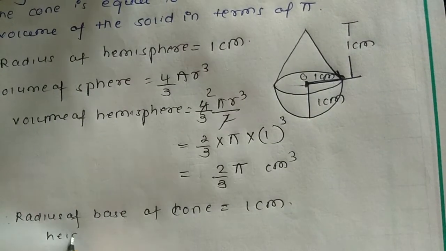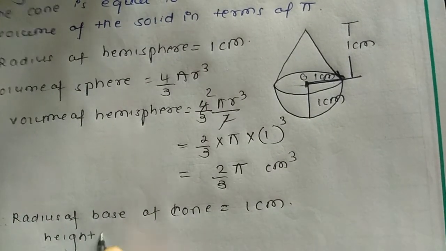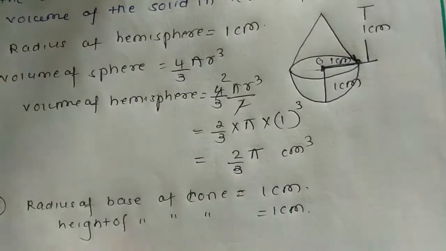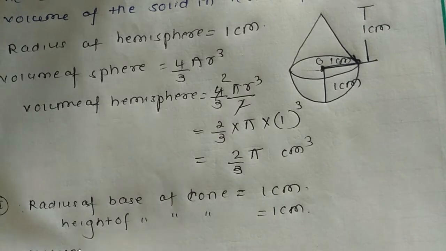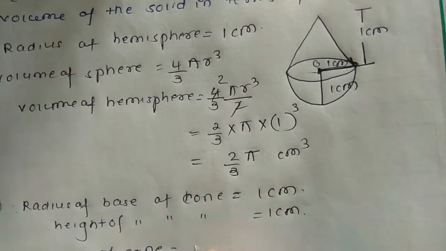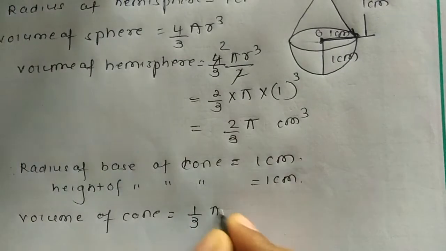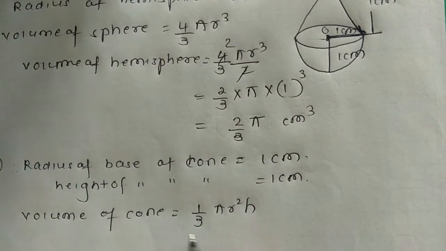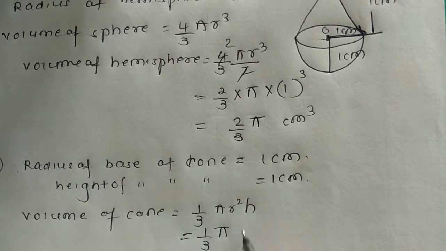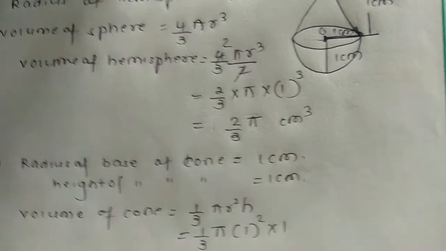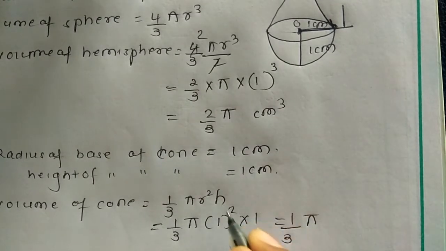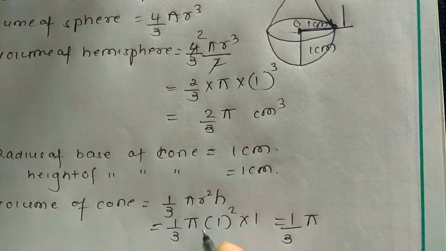The height is also given: the height is the same as the radius, so the height of the cone is 1 centimeter. The formula for the volume of a cone is 1 by 3 pi r square h. Put the values here: 1 upon 3, pi we keep as it is, r is 1 square, into height 1. So finally we got 1 upon 3 pi. 1 square is 1, and 1 into 1 is 1.